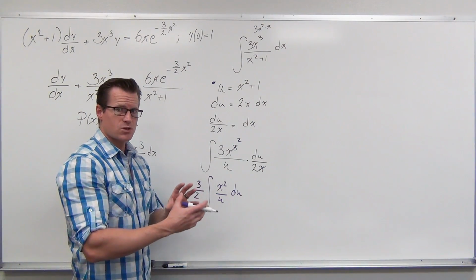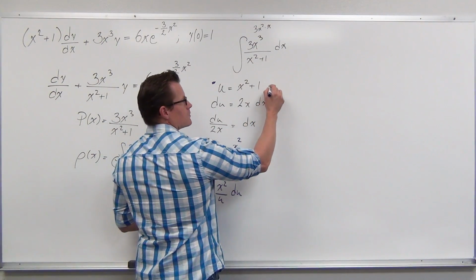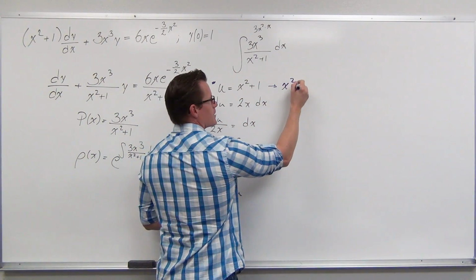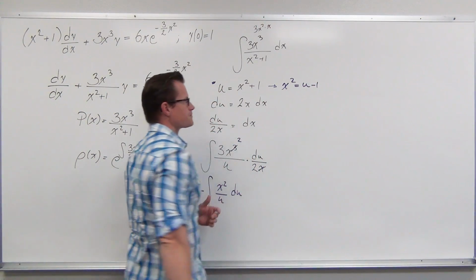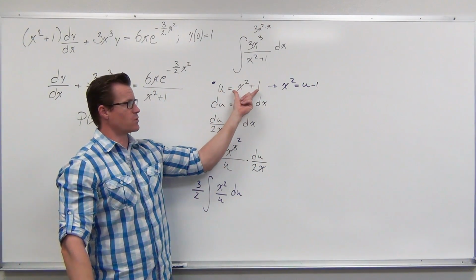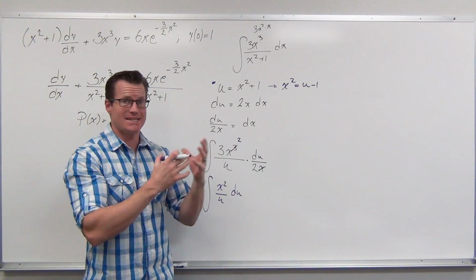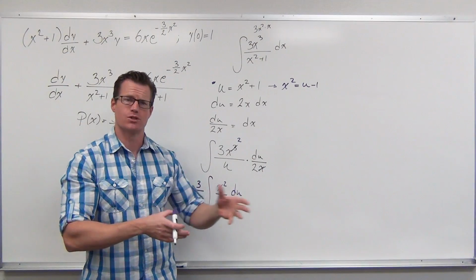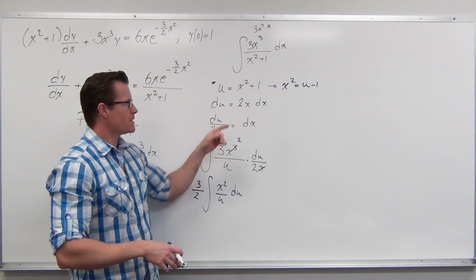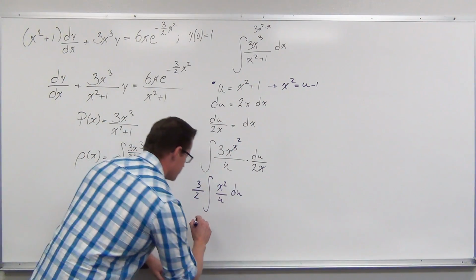So if u equals x squared plus 1, and we still have an x squared, well, can you just subtract 1 from both sides and get x squared equals u minus 1? Since that substitution works for u equals x squared plus 1, it has to work for x squared equals u minus 1. It's the same, it's an identity. I mean, you're calling these things equal. So however you add or subtract on both sides, it has to still be equal. That means that x squared, we can rewrite as u minus 1.